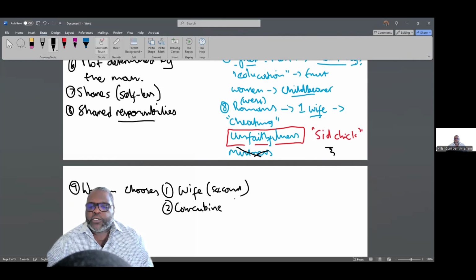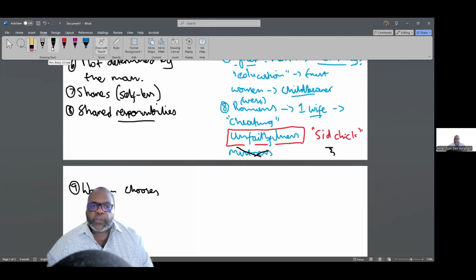The perfect description of a concubine is someone who assumes sexual responsibility. In the Eastern world, men don't sleep with women when women are menstruating.